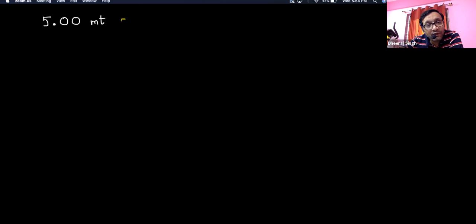Now, if I convert it into centimeters, it will become 500 centimeter. Now, how many significant figures does it have? 1. Right? It has 1. So the way we are writing the rules of significant figures, they are giving two different results by just changing the units.